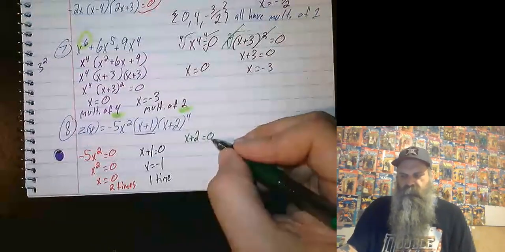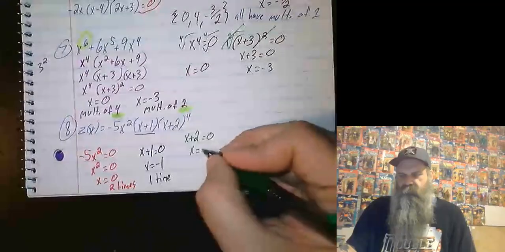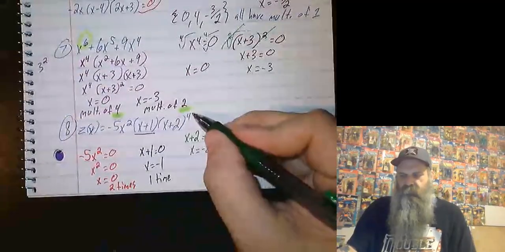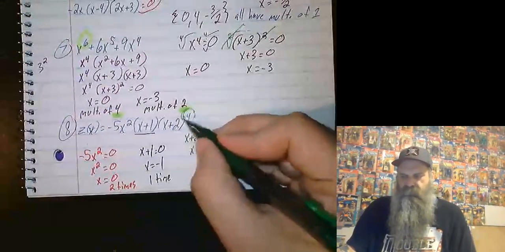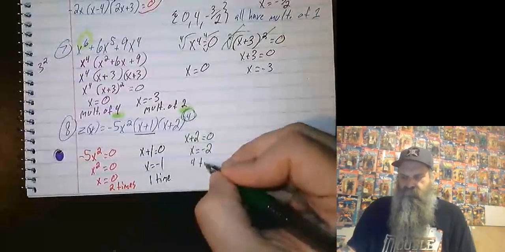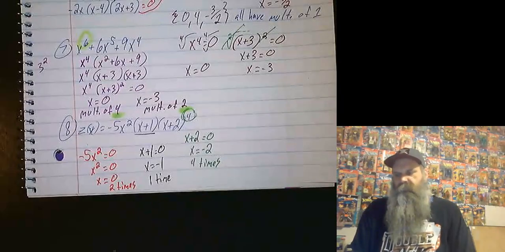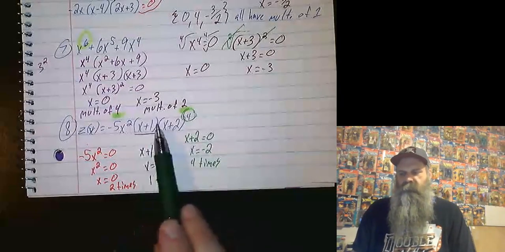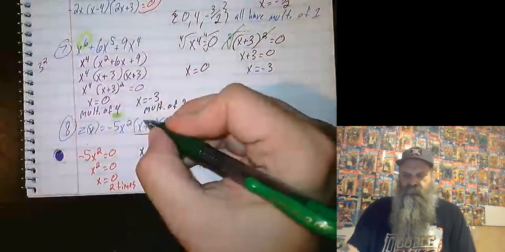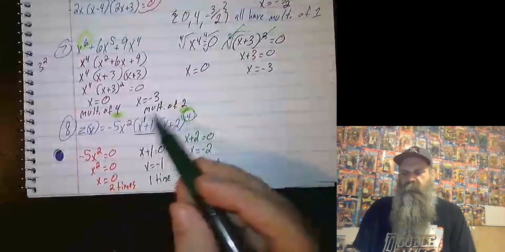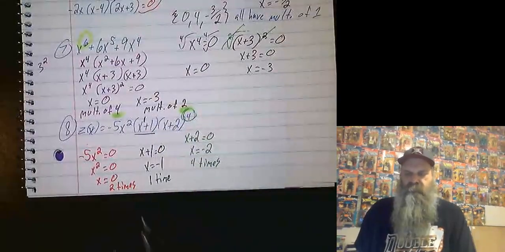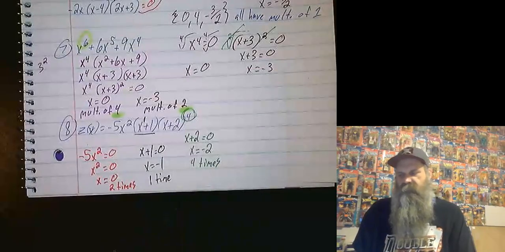Set the binomial equal to 0, and we get a solution of x equals negative 2 happening 4 times. And so 2 plus 1, an implied exponent of 1. 2 plus 1 plus 4 is 7, and that's what we have here.